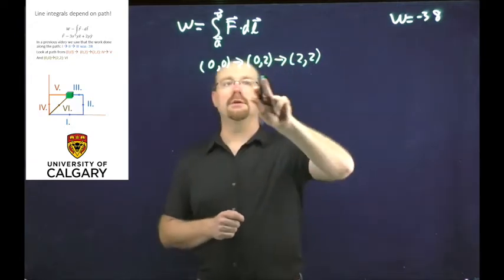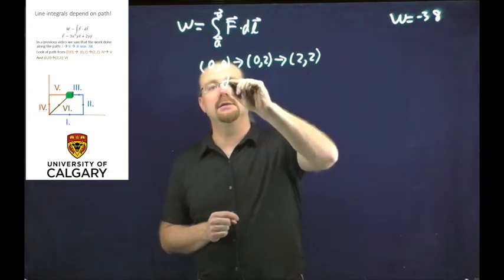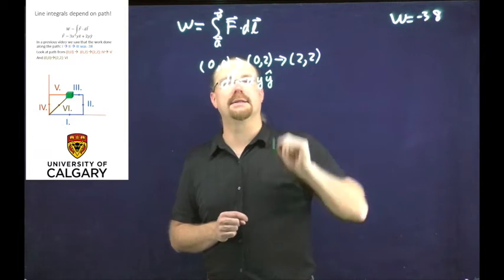Now for this first part, path 4, we're going straight up. So this means that our dl is going to equal dy y hat.